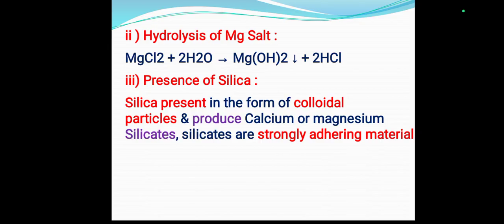Their silicates means silica plus calcium gives calcium silicates, silica plus magnesium gives magnesium silicates. The produced silicates are insoluble and highly sticky, so they strongly stick to the inner surface of the boiler. So the produced silicates are responsible for scale formation.